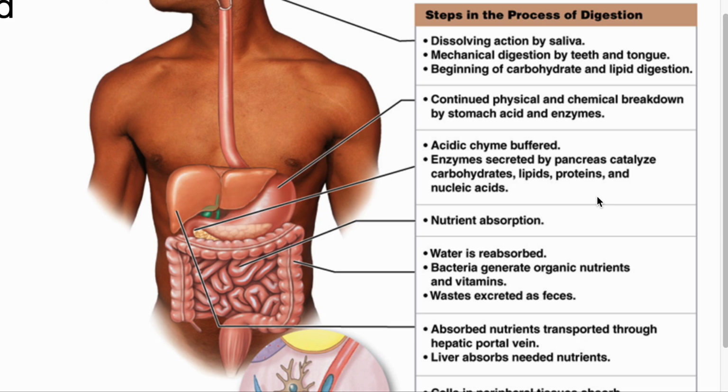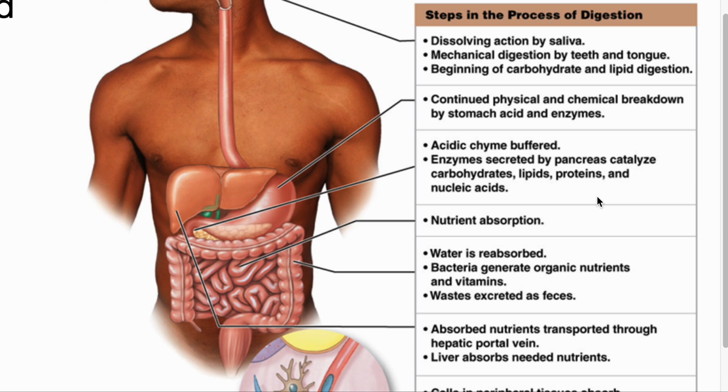So when it leaves the stomach through the pyloric sphincter of the stomach and enters the duodenum, we now have this very acidic chyme. So we now have a couple more things we need to do. We still need to continue breaking down those food molecules so that we can absorb the nutrients, and that's going to be guided in large part by enzymes coming from the pancreas that are going to be stimulated for release by hormones like CCK and secretin.